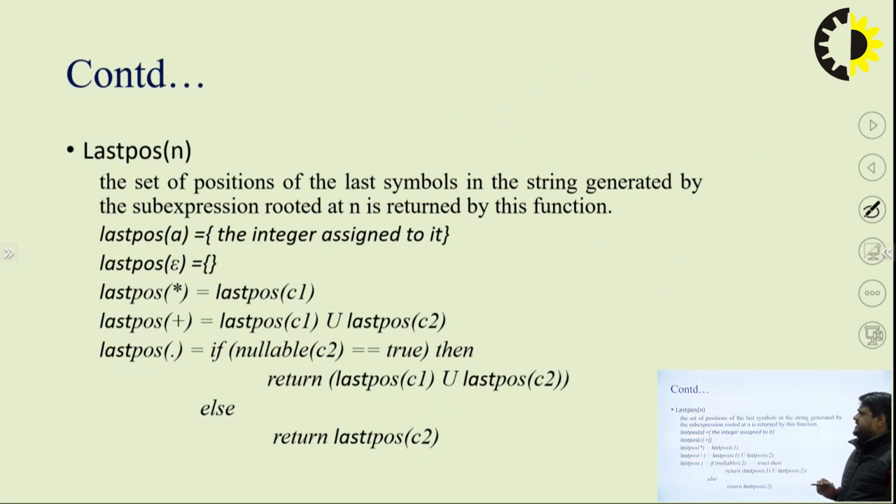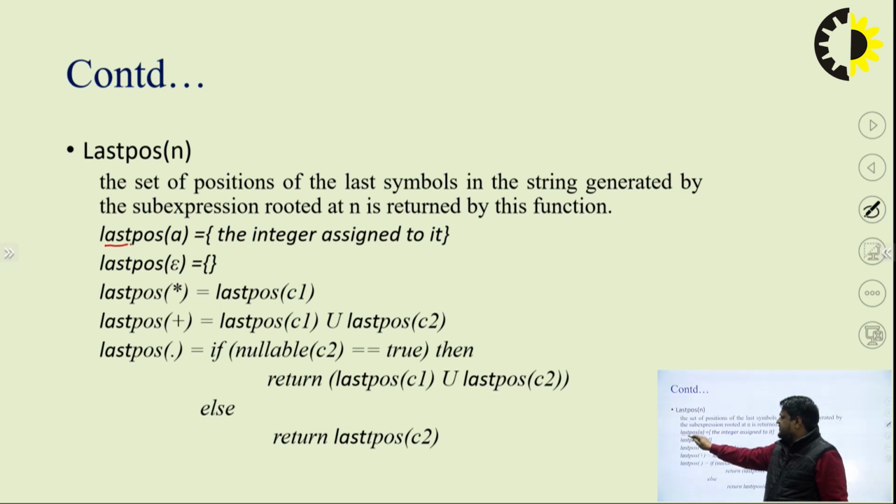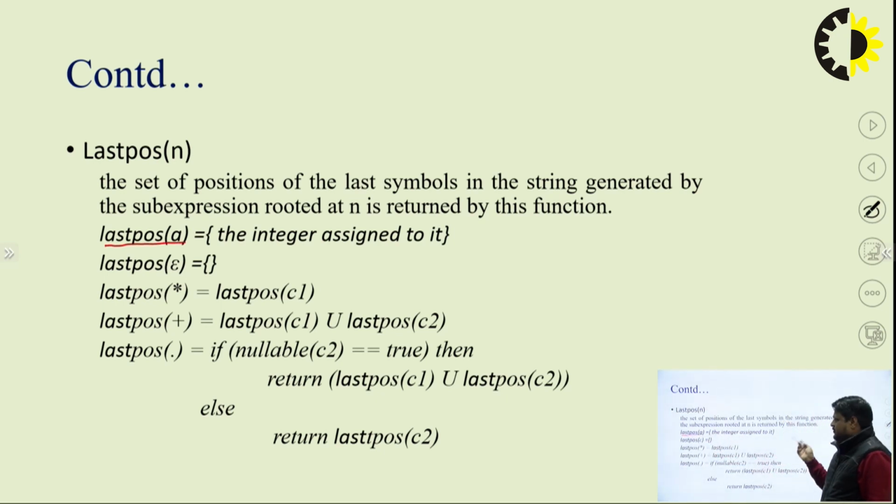The vice versa is true for the last position. So last position is the set of positions of the last symbol in the string generated by the sub expression rooted at n, and is returned by this function. For example, if you think about the last position of a terminal symbol, the integer value assigned to that particular terminal in the syntax tree will be the last position value, right?